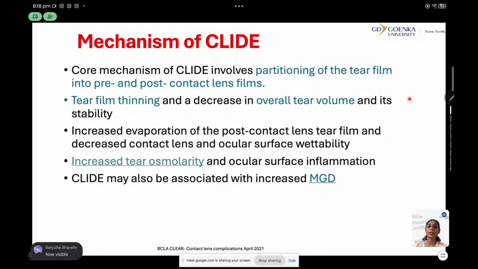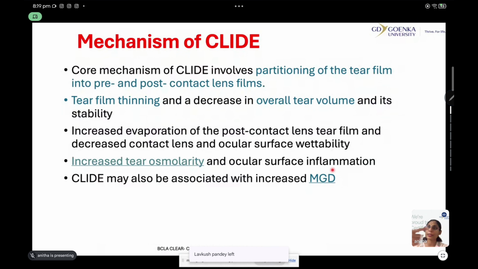So the core mechanism of CLDE involves the partitioning of the tear film into the pre and post contact lens films. Now tear film thinning and a decrease in overall tear volume and its stability happens, and this leads to increased evaporation of the post contact lens tear film and decreased contact lens and ocular surface wettability. Of course, there is increased tear osmolarity and ocular surface inflammation.